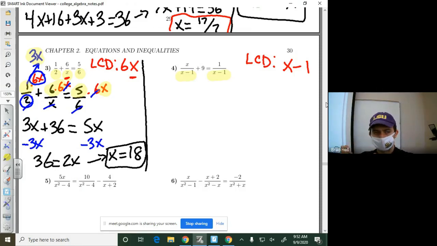There's no numbers that we have to compare. We don't have to think about how we compensate for this term and that term. There's only one thing, so that has to be the LCD. So it's just x minus 1. We'll see how to apply that shortly.